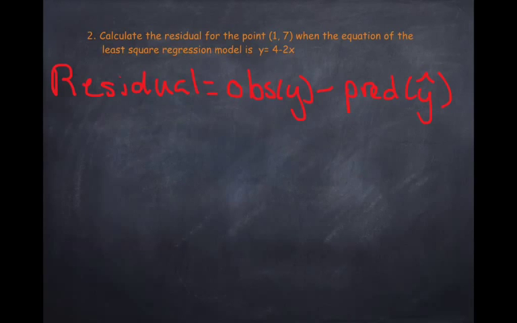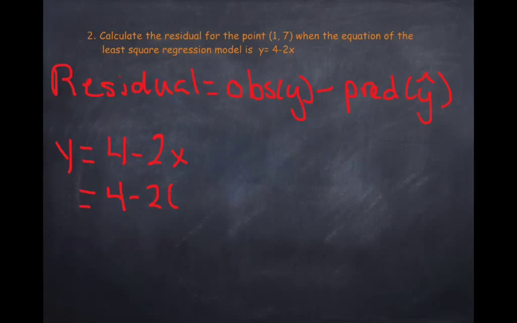And so here's our line, y equals 4 minus 2x. What you want to do is plug in 1 into x and find what is your predicted y.